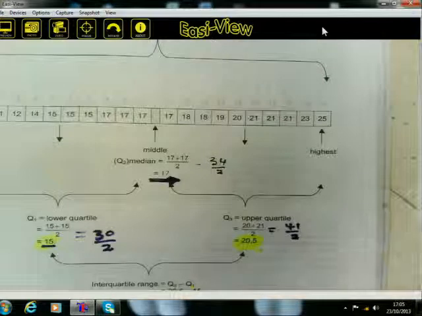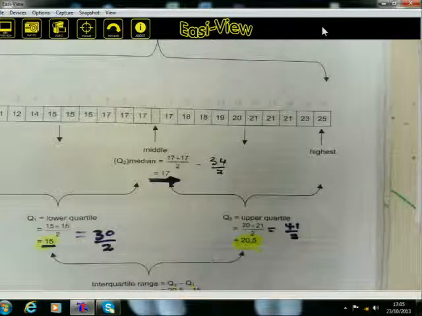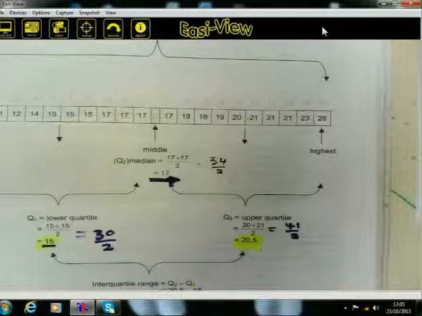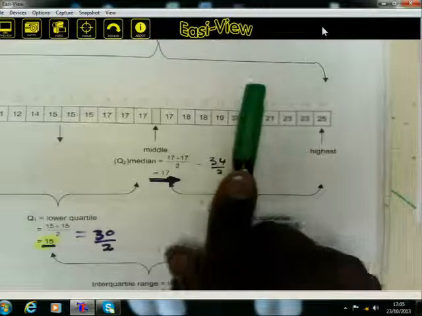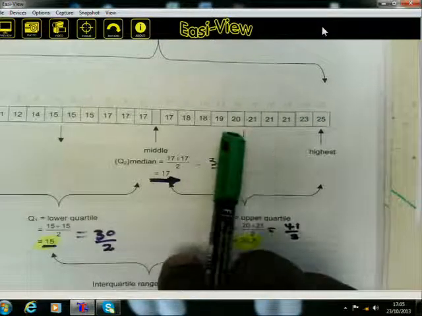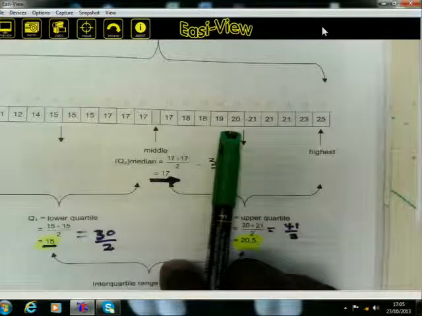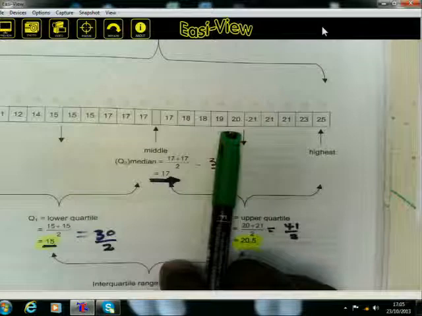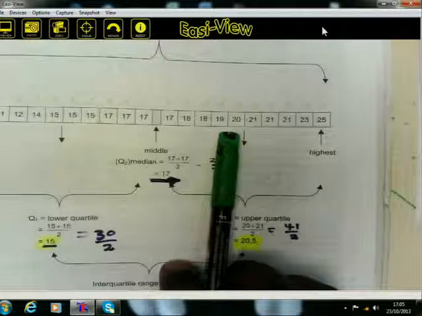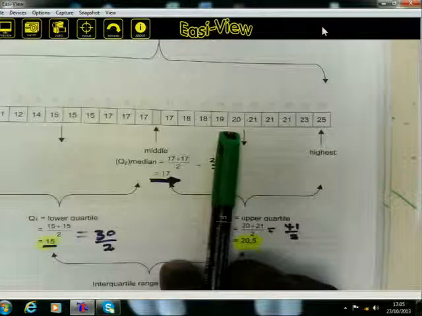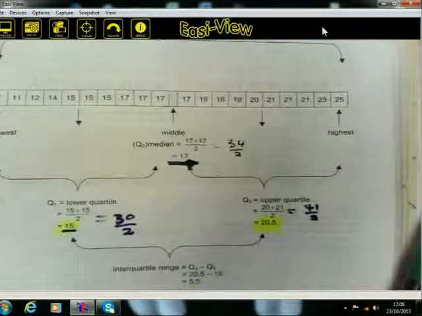That means 25% of them got more than 20.5, and 75% got less than 20.5. You can count from 20, that means 15 of them got less than 20.5. Only 5 got more. That is 25%, and 15 is 75%. Do you get the point now?